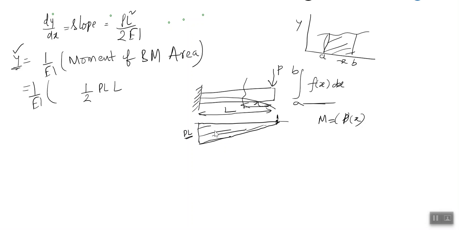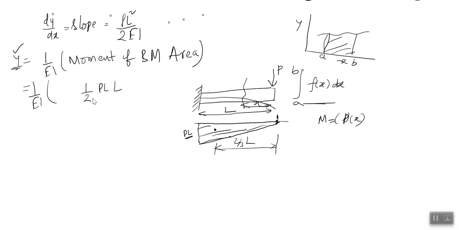its center of gravity is somewhere here, and the distance from here to here will be 2/3 of the total length L. So this area into distance will give us the moment of the bending moment area.